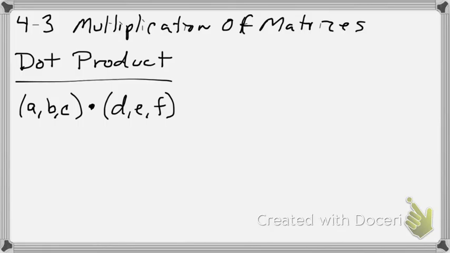And there could be 2 numbers in there, there could be 3 like you see on the screen, there could be 6 numbers in each parentheses. It doesn't matter, the process is the same. What you're going to do in this case is multiply the A times the D, the first 2 numbers in each vector, I guess we could call it.